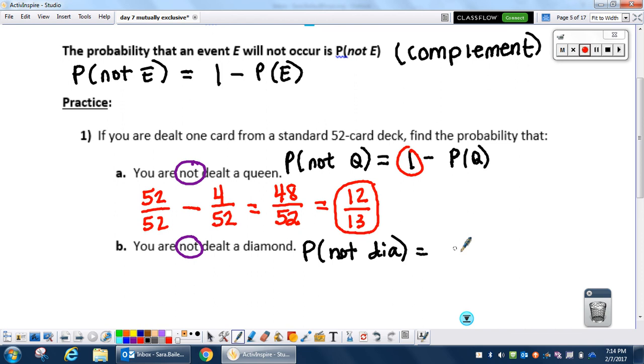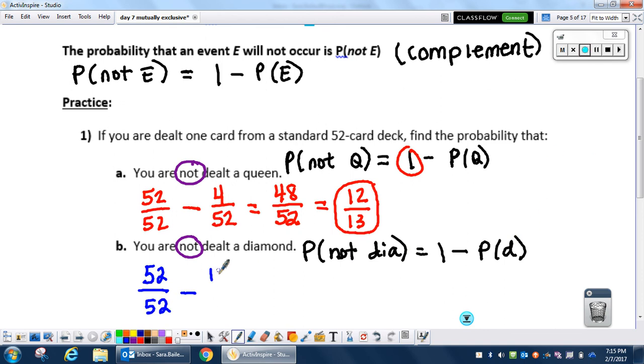That's going to be 1 minus the probability of getting a diamond, and the 52 out of 52 will change. So if we had 10 outcomes, it would be 10 out of 10. But in this case, we have 52 outcomes, so your 1 is going to be 52 out of 52. Minus the probability of getting a diamond.